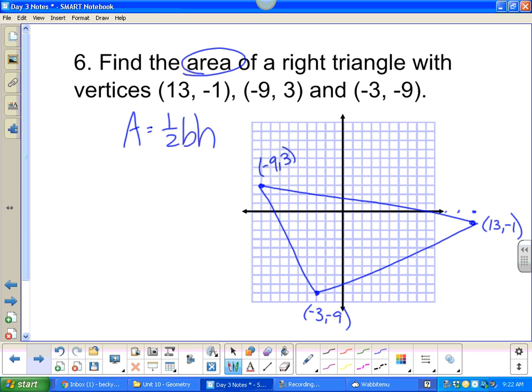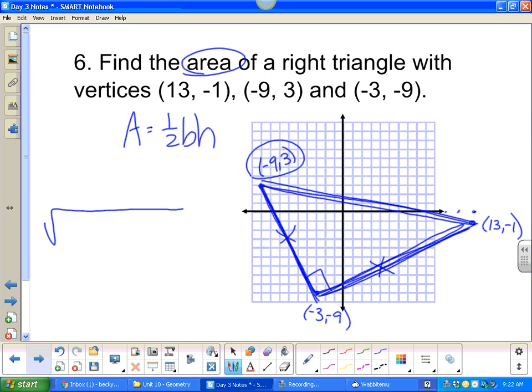Okay, now you got to find your right angle. Okay, so that's him. Hypotenuse is opposite, so there's my hypotenuse. Okay, so my base and my height are not the hypotenuse. They're these guys. So I need the distance of this guy and this guy. Okay, so let's do the distance formula.